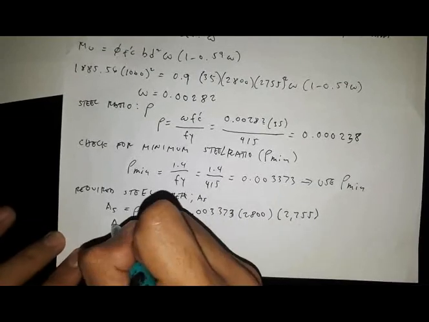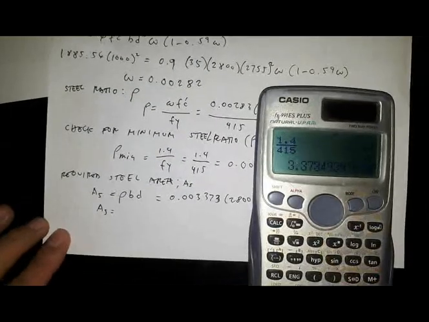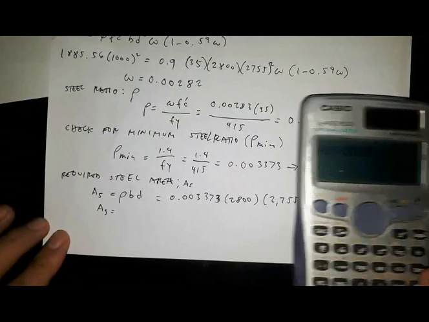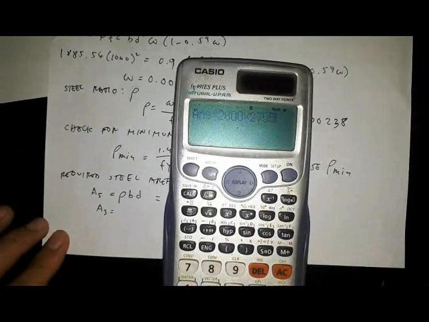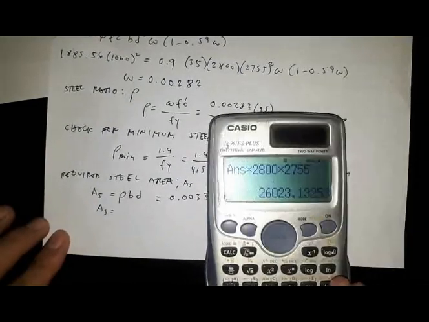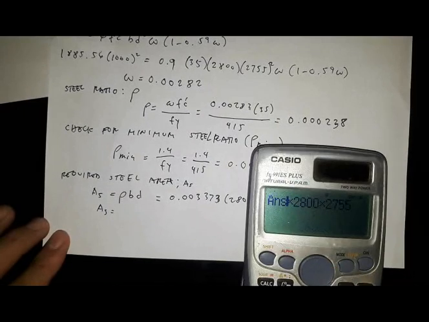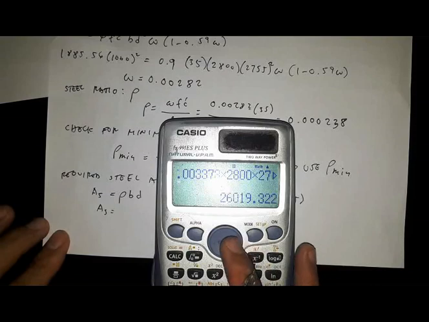So your steel area is 0.003373 times 2800.